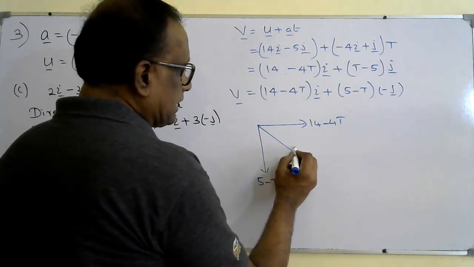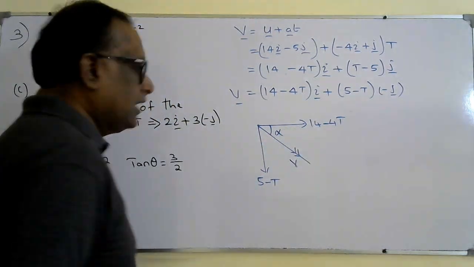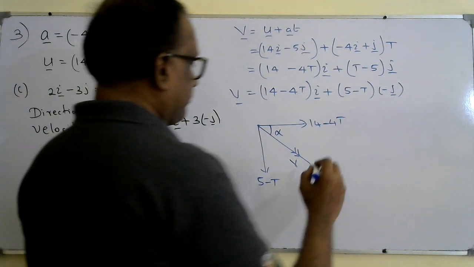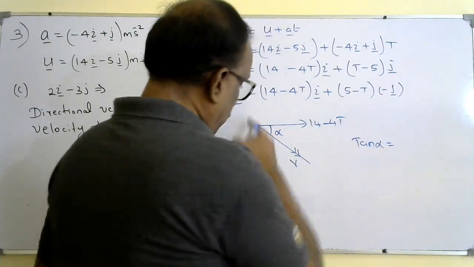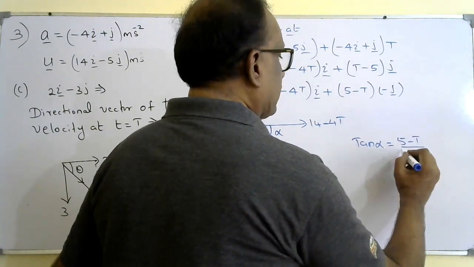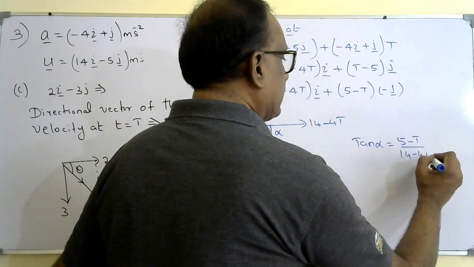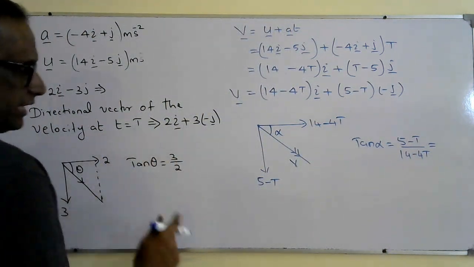So velocity is along this direction. If I say this angle alpha, then tan alpha will be equal to (5 minus t) over (14 minus 4t), which is equal to tan theta, equal to 3 by 2.